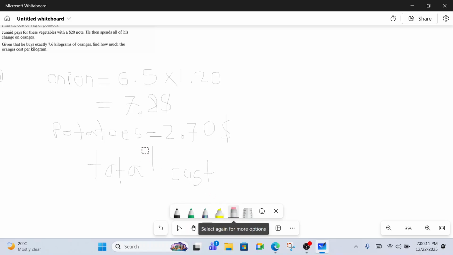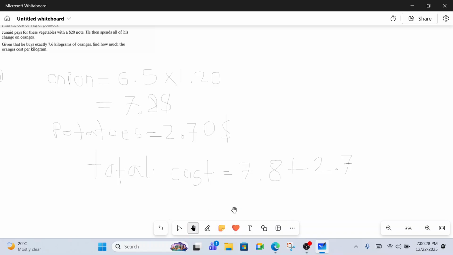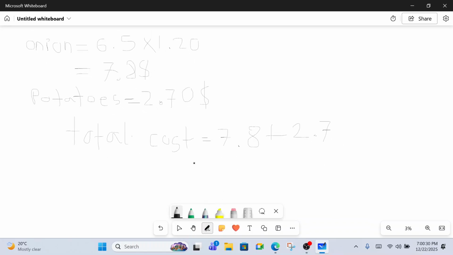Sorry if my handwriting is not good again. Total cost equals 7.8 plus 2.7. Okay, that should give us an answer of $10.5.